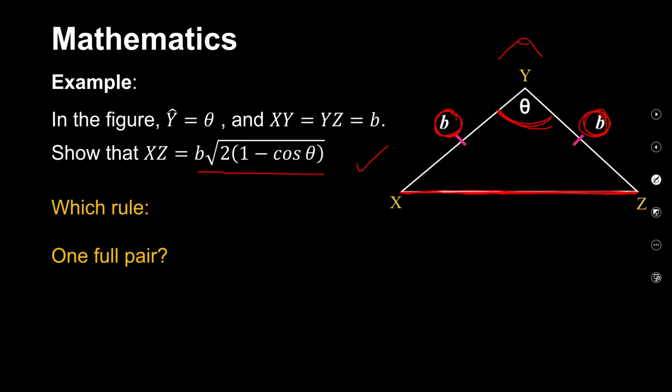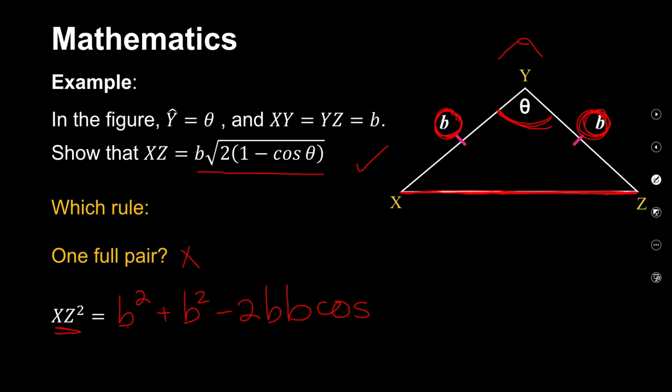Okay, so we decided that we don't have one full pair, just to double check where we started off. So in other words, we can now write an expression for XZ. So XZ squared will equal that side squared, so it's b squared, plus the other side, so it's going to be another b squared, minus 2 times that side, so it's going to be b, and we're going to say cos of the angle across from XZ, and the angle across from XZ is theta.